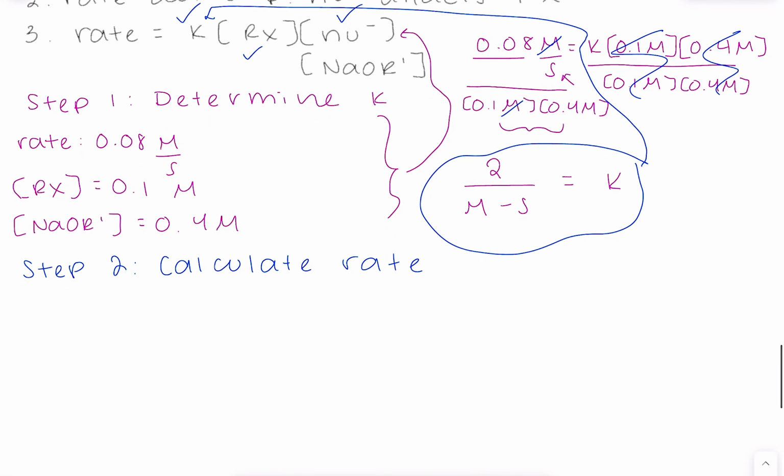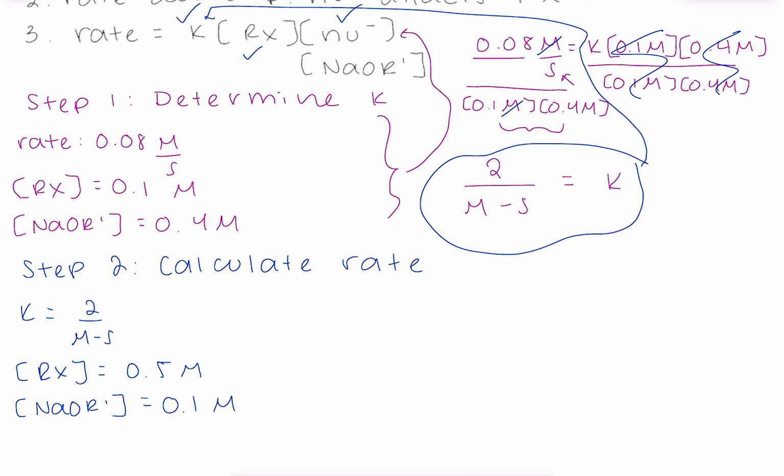So let's again write down what we know. We know that our K is 2 over molarity seconds. We know that the concentration of alkyl halide is now going to be 0.5 molar, and the concentration of our sodium alkoxide is going to be 0.1 molar. Now, perfect. So now we just plug everything in.